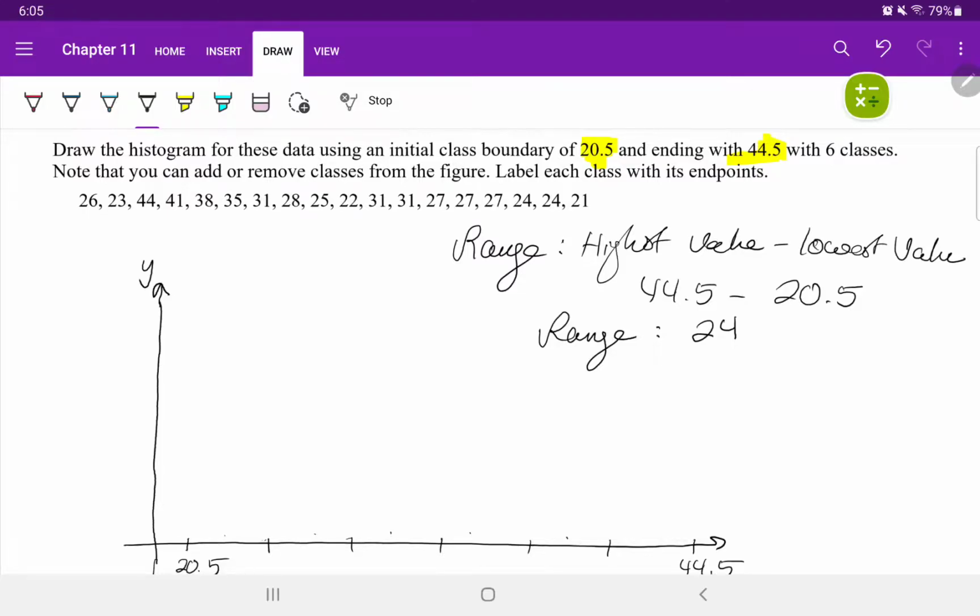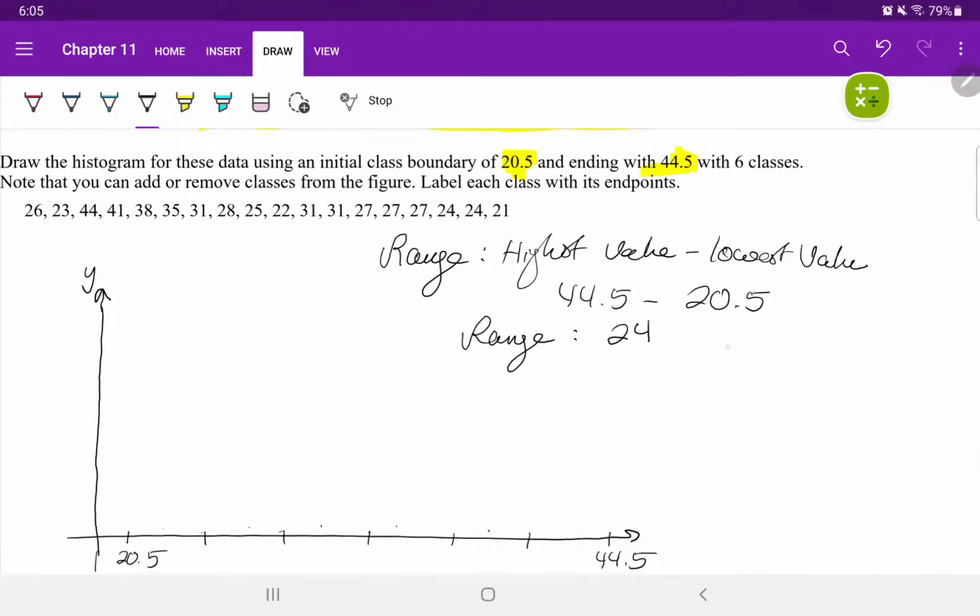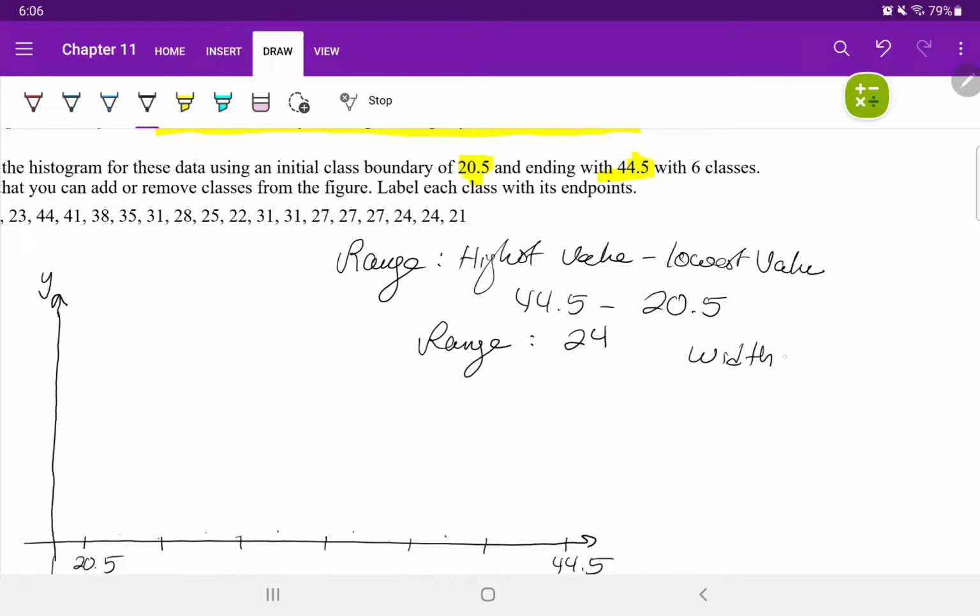Now, I want to find the width. The width, as I said in the definition, is equal to the division between the range and the number of classes. W is short for width.